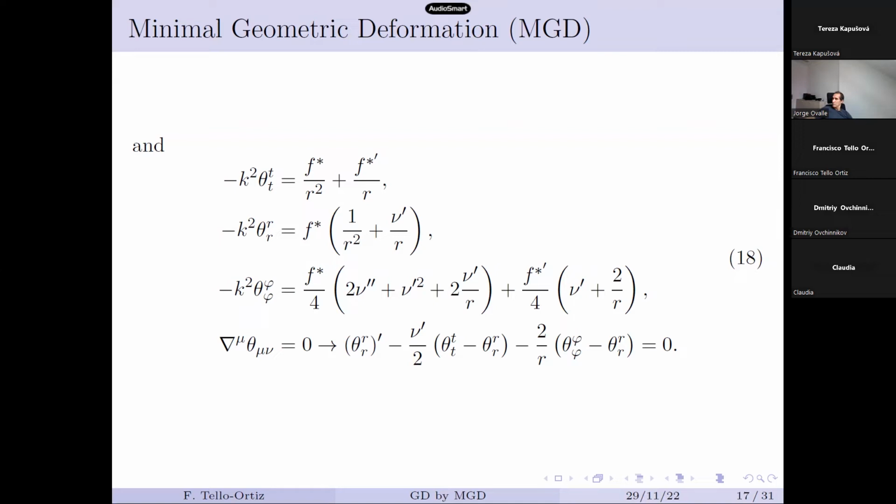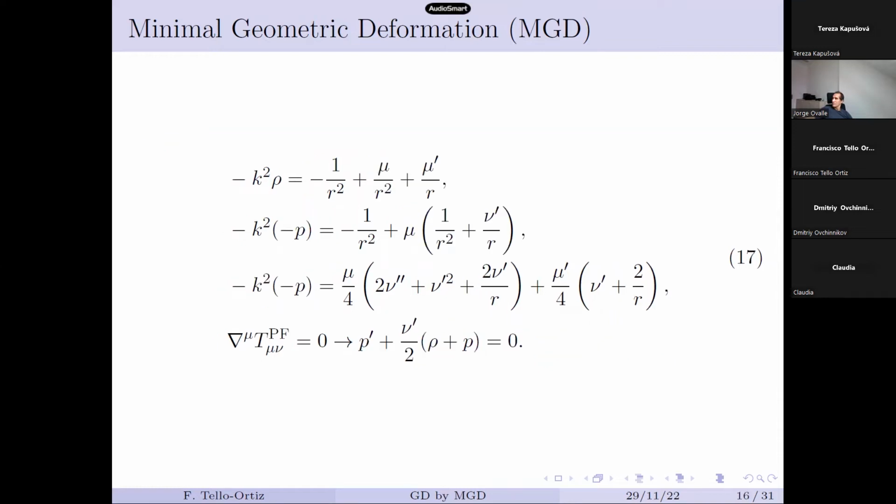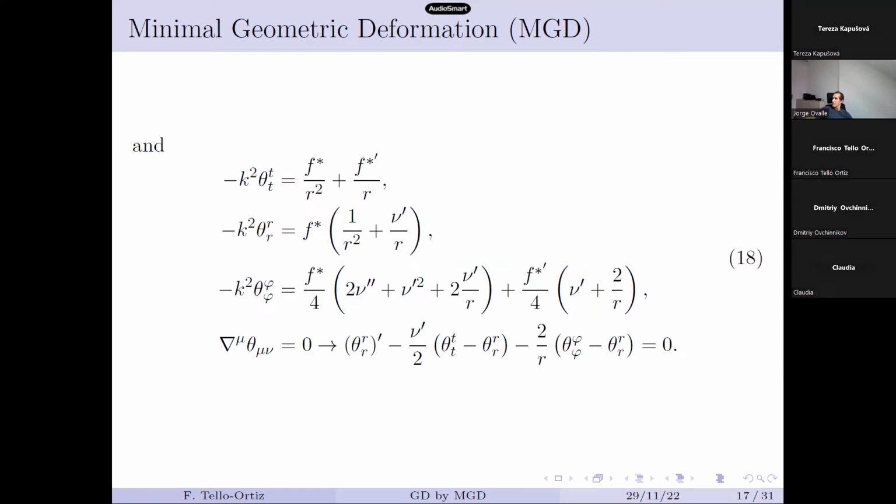And after some algebra, we have obtained two separate systems of equations. One corresponding to the Einstein field equations, the usual one, and a second one corresponding to the theta sector and its associated geometry encoded into this decoupler function, with its respective conservation equation.